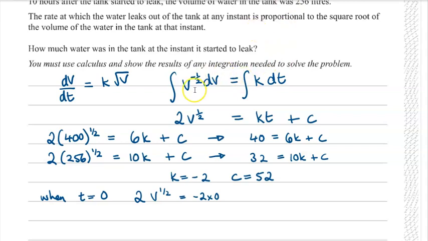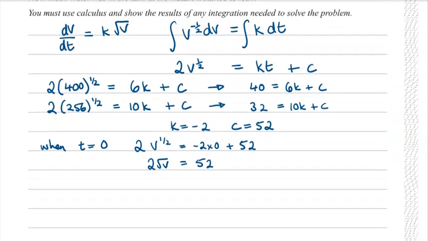What I'm looking at here is this equation up here, and I'm substituting in the minus 2, and then substituting in the c is 52. So we have 2 times the square root of v is now equal to 52, and solving that gets us our initial volume of 676 litres.